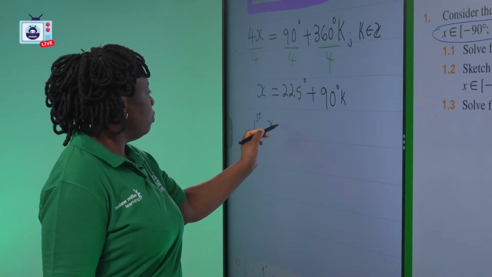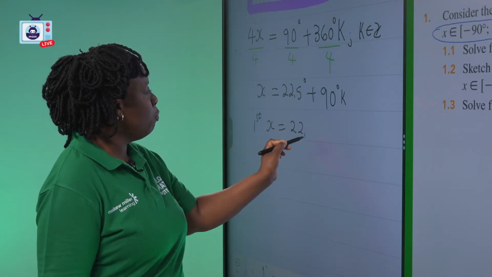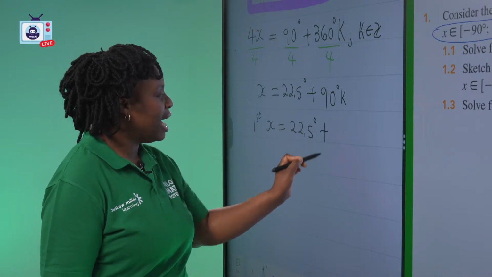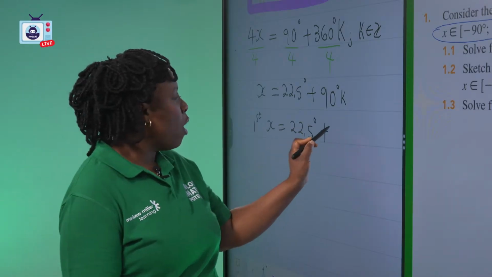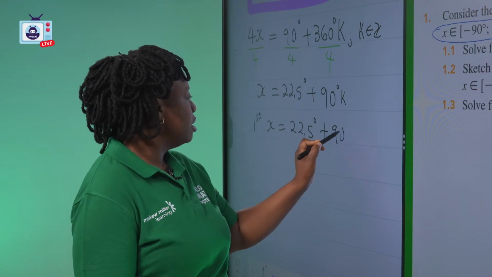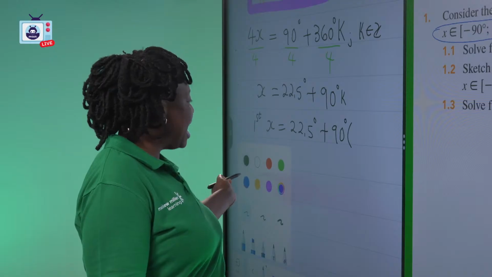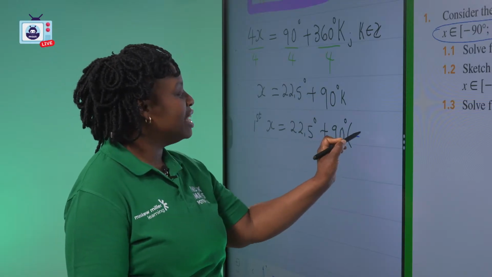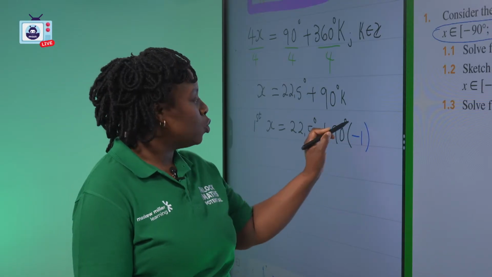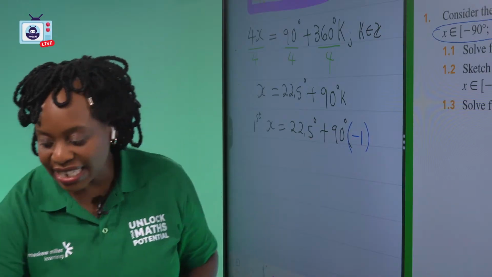So x will be equal to 22.5 degrees plus 90k. You can start asking, what if I substitute, instead of k, a -1? What will happen?